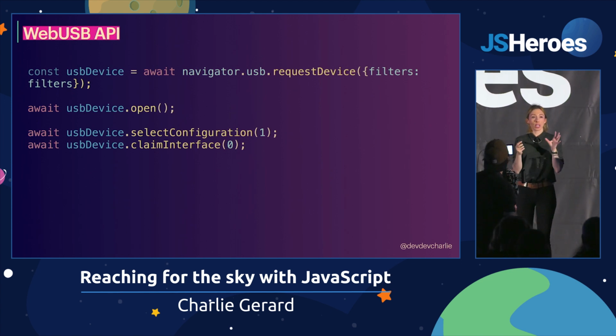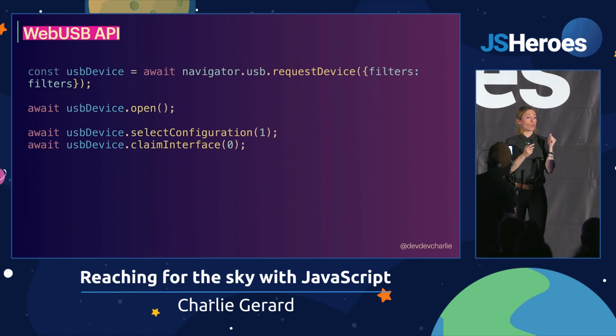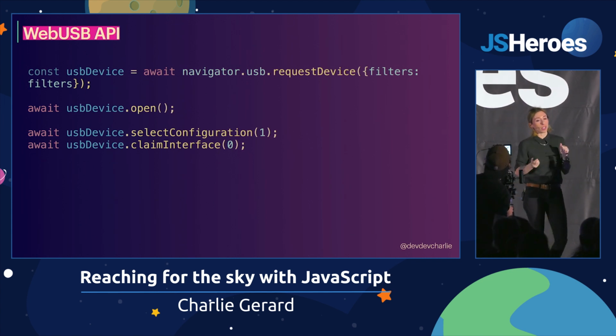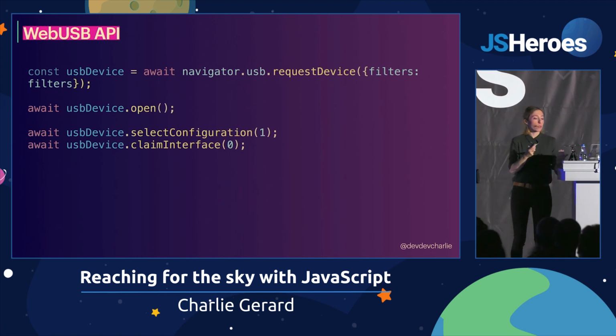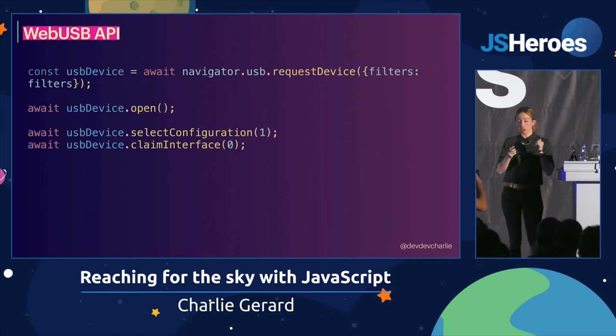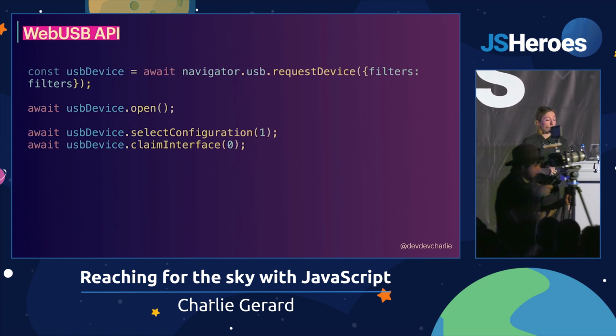These things, you can figure out in the data sheet of the hardware device that you're plugging in. But if you don't know it, you can play around with different values. And if there is no configuration that exists or no interface, the WebUSB API will scream at you anyway. So that's useful: if I try to claim interface 1, it will tell me there's no interface with ID 1. So if you don't have access to the data sheet, you can tinker around with IDs until you find the right one.